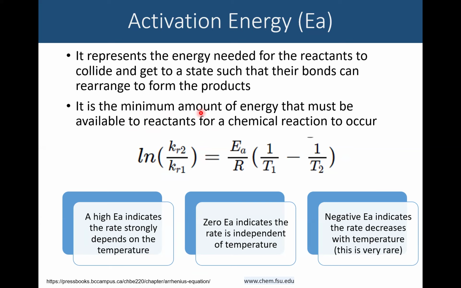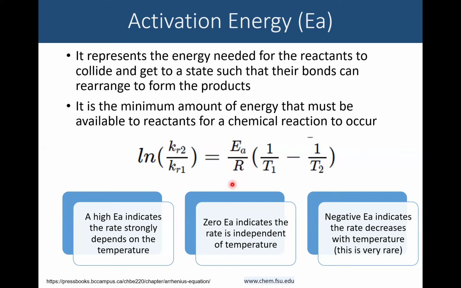If we have a reaction rate Kr2 at temperature 2, and reaction rate Kr1 at temperature 1, then the natural logarithm of this ratio equals the activation energy divided by R, the universal gas constant, multiplied by 1 over T1, where T1 is the temperature in Kelvin, minus 1 over T2, which is also a temperature in Kelvin. So a high activation energy indicates that the rate is strongly dependent on the temperature.